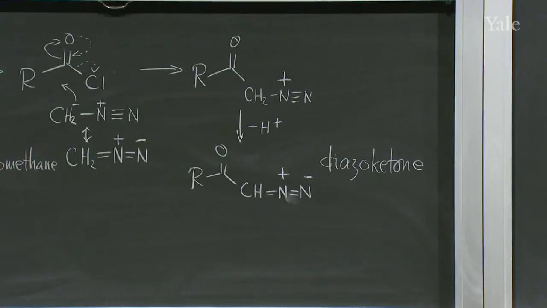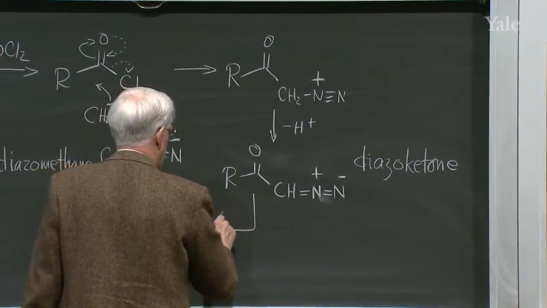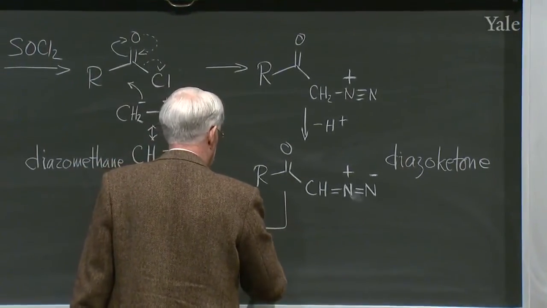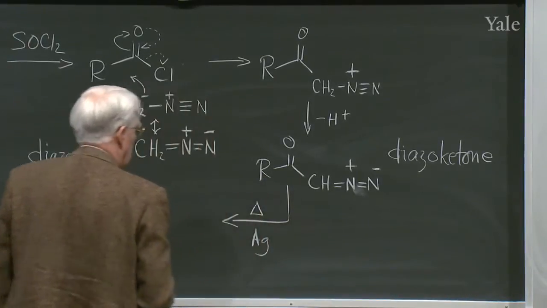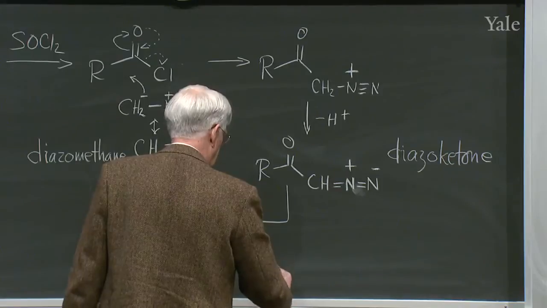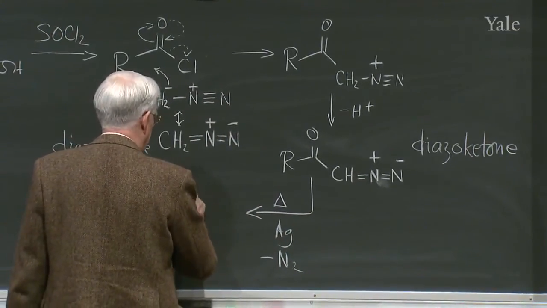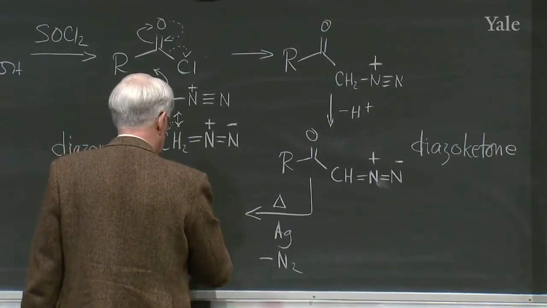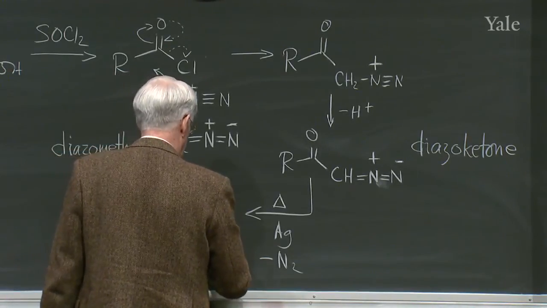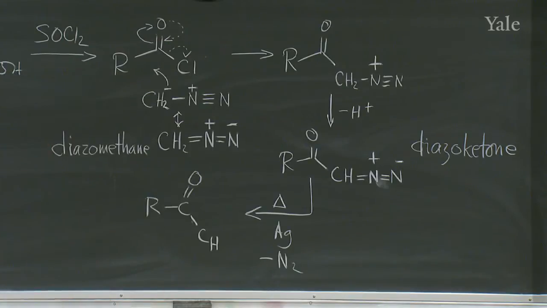Now, it doesn't surprise you that diazoketones, when heated, and it's often done in the presence of silver, lose nitrogen to give an unusual compound because there's just two bonds to that carbon. It's like a carbene.